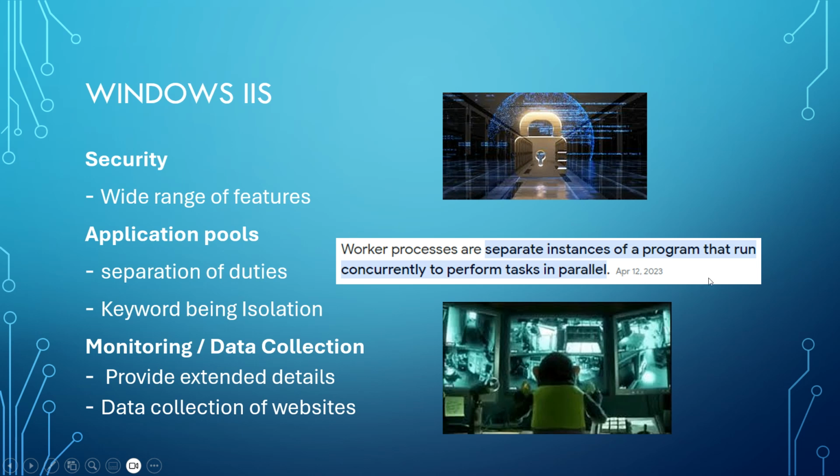They separate instances of a program that run concurrently to perform tasks in parallel. Those worker processes relay the request of the applications. This process, with a keyword of isolation, that's like a main component of it, mitigates the risk of security breaches and or crashes so that one application doesn't affect the others.